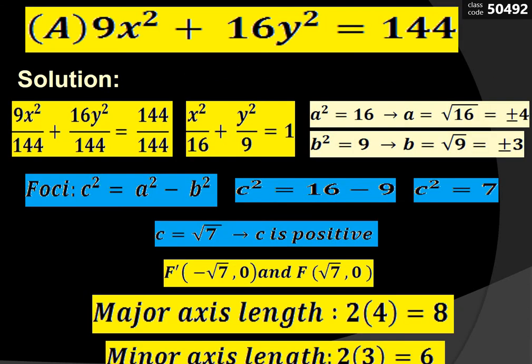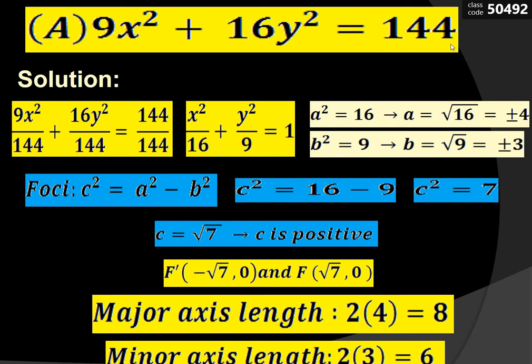So in the first part, let's have the first example: 9x squared plus 16y squared equals 144. We need to express the given expression with one coefficient of x and one coefficient of y. But take a look at this. The right side must be equal to 1. How?